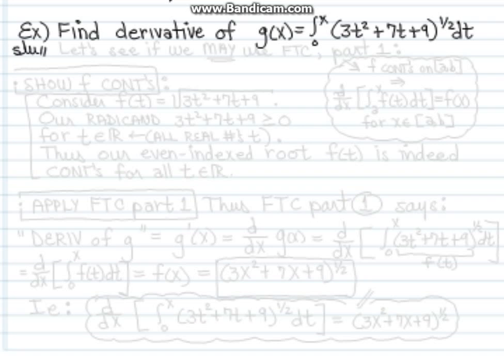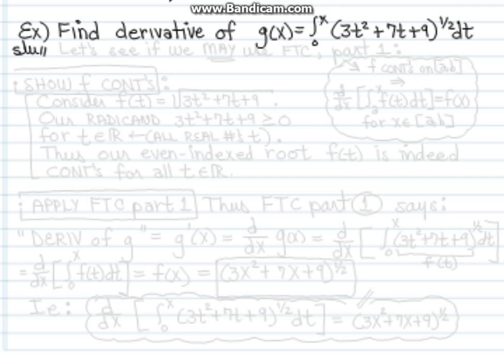In this example, we're going to take some actual values for the lower limit a and the function f of t in that strange g of x function defined in the fundamental theorem. Here we're asked to find the derivative of g of x equals the integral from a to x of (3t squared plus 7t plus 9) raised to the 1/2 power dt.